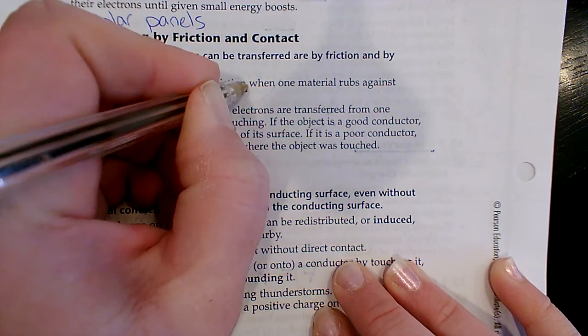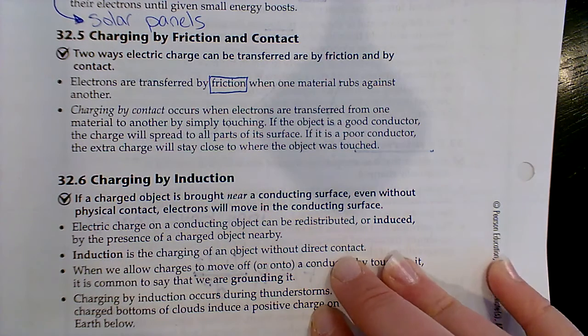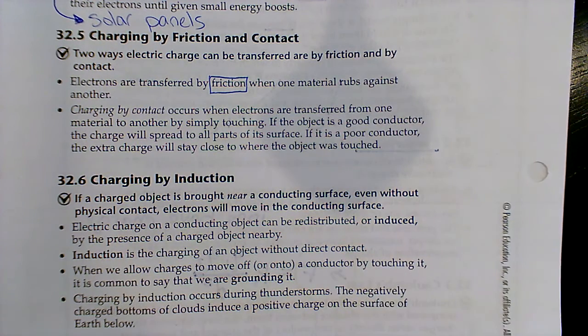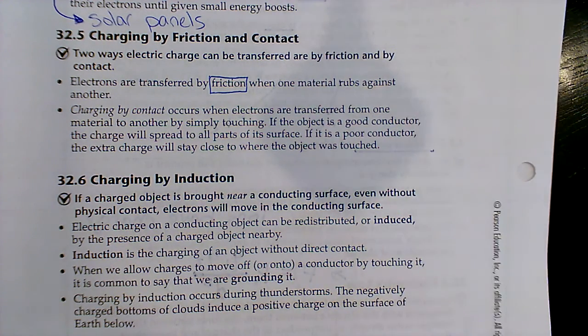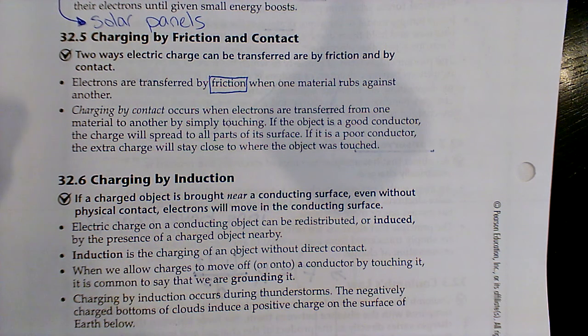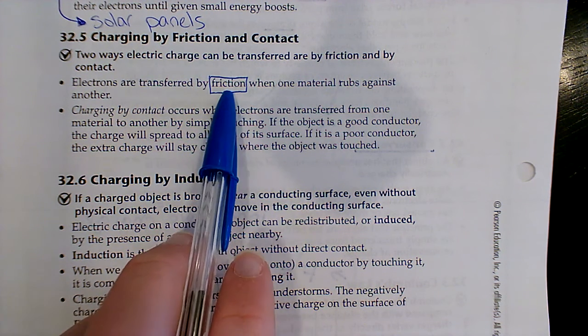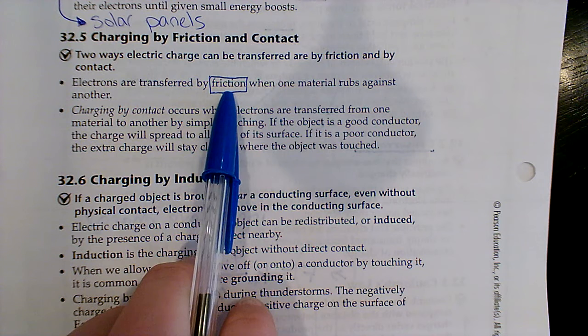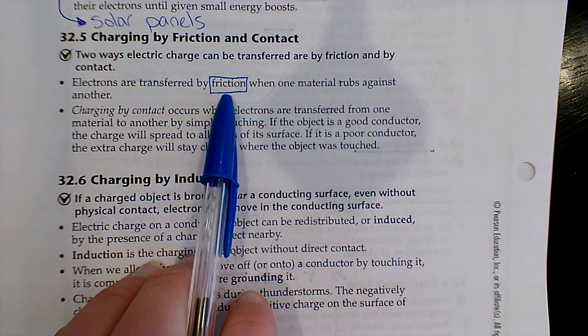We have friction, where you rub something on something else and electrons jump from one thing to the other thing. If you did the PhET simulation I assigned yesterday with the balloon and the sweater, that was charging by friction.